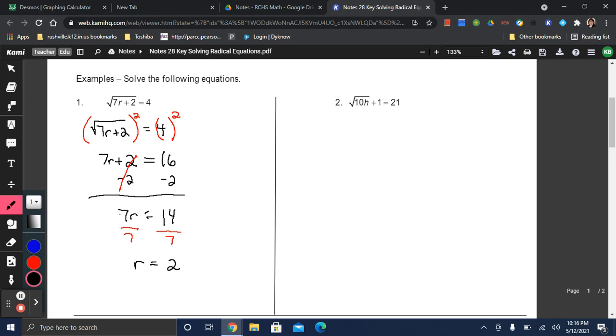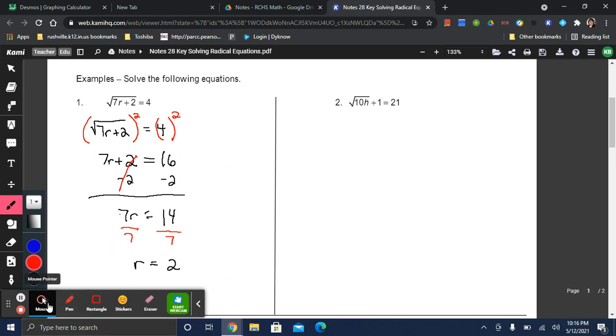Okay, so our second problem is where we have the square root not by itself. So we're going to have to take a first step and get the square root by itself.